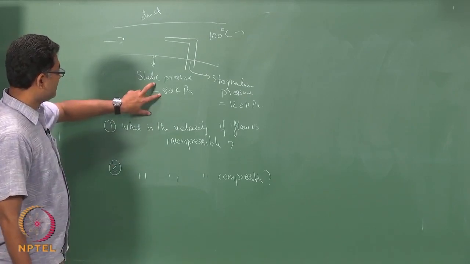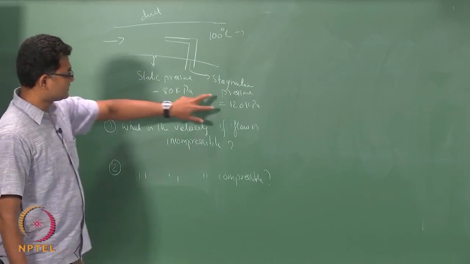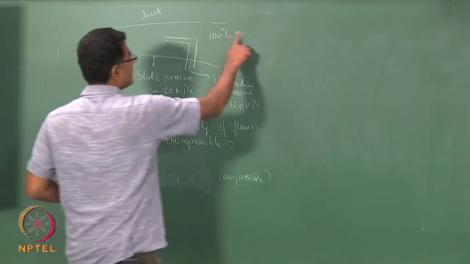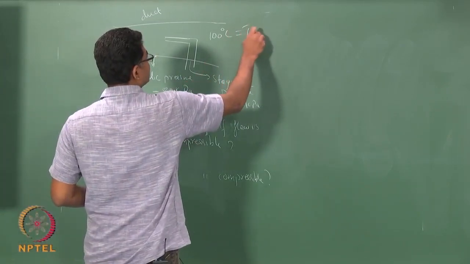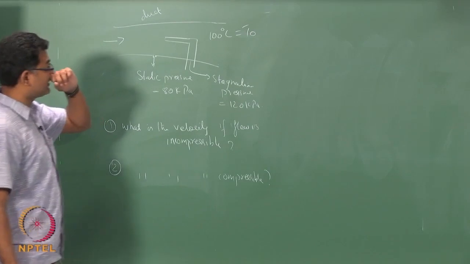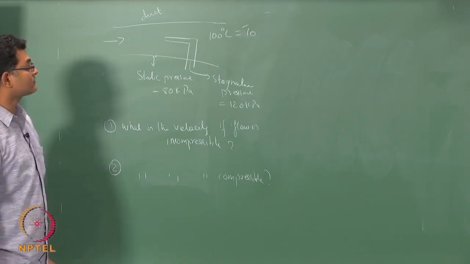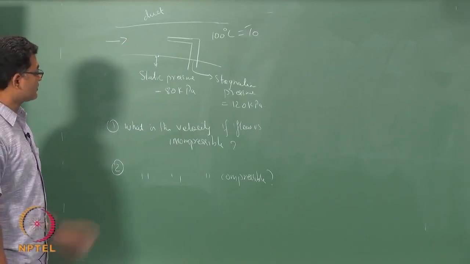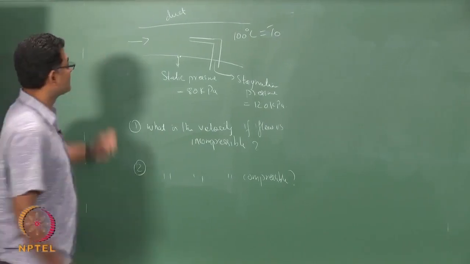So, I have given you the static pressure, stagnation pressure and the temperature associated with this flow. Question is to find the velocity.